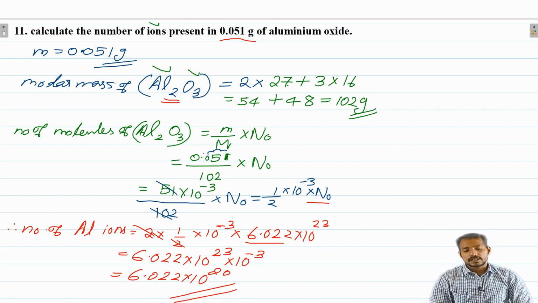Clear? a raised to m into a raised to n is a raised to m plus n, so 23 plus minus 3 will be 20.